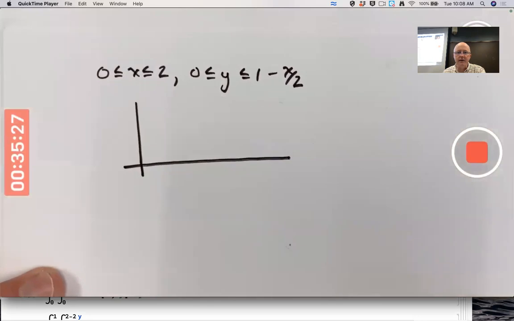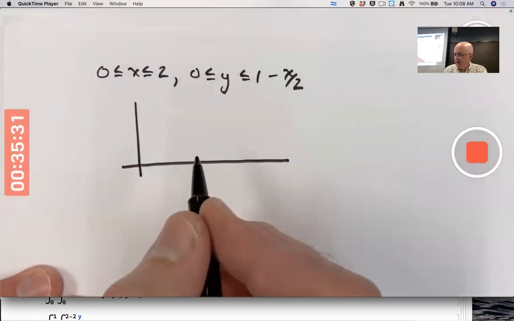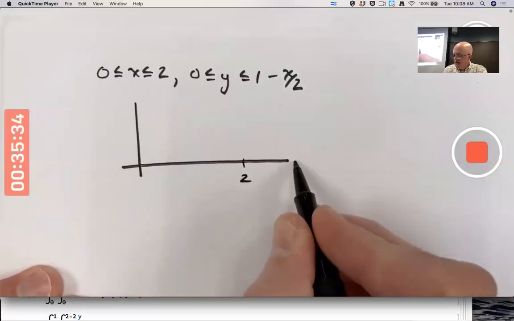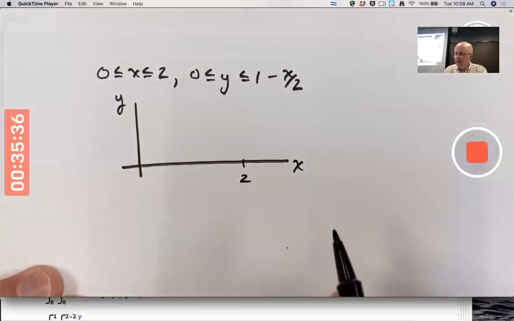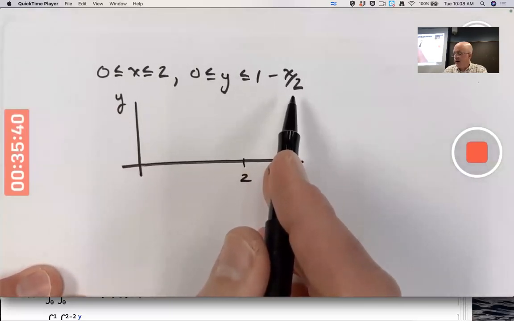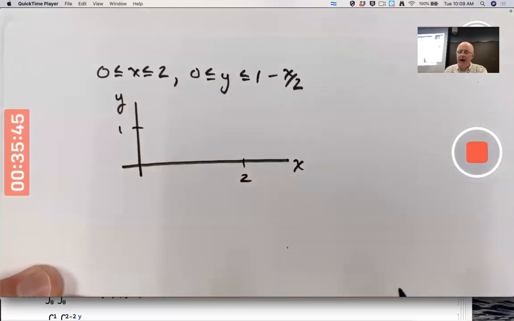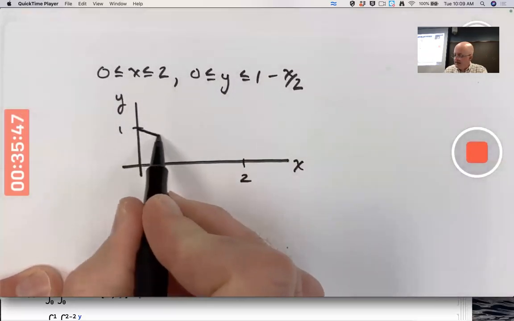You will want to make drawings here with me in your notes. One minus x over 2 has a graph that is a straight line with a y-intercept of 1 and a slope of negative 1/2. Its x-intercept is 2.